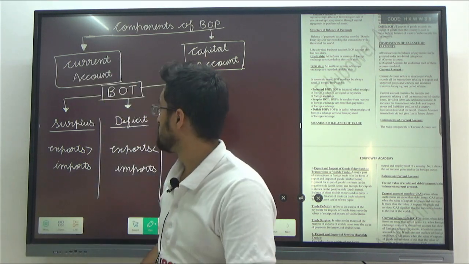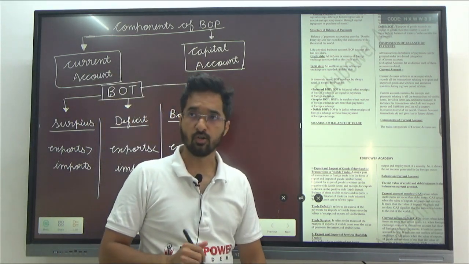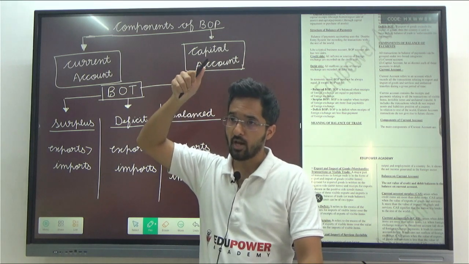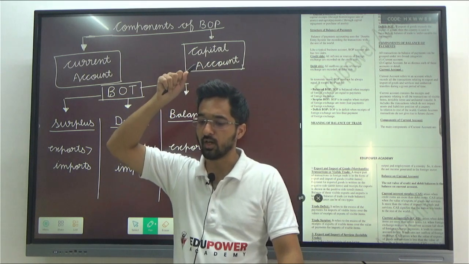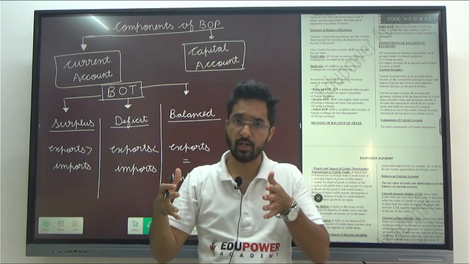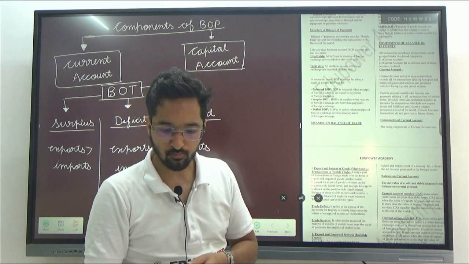This balance of trade is also called merchandise trade. The first head we saw in the current account was export and import of goods, and that is also called merchandise trade, visible trade because those goods are actually visible in the container, or tangible trade.